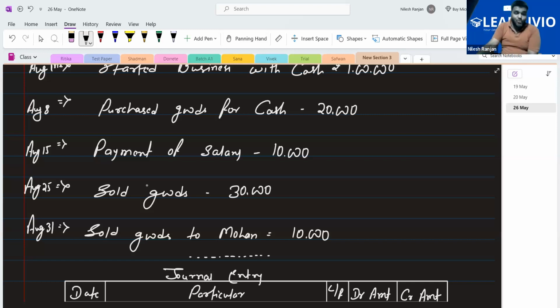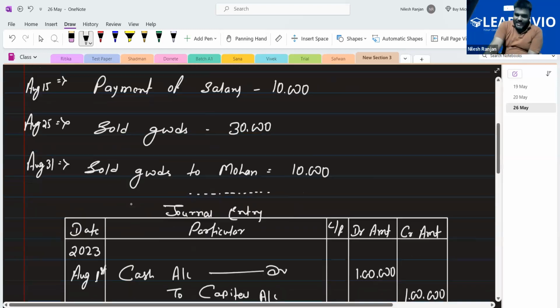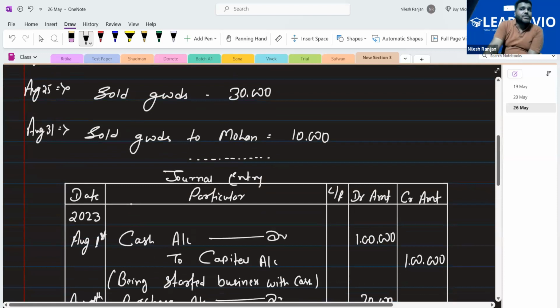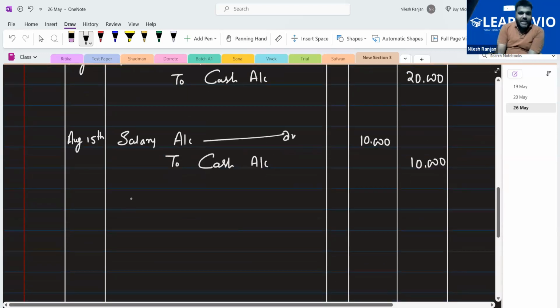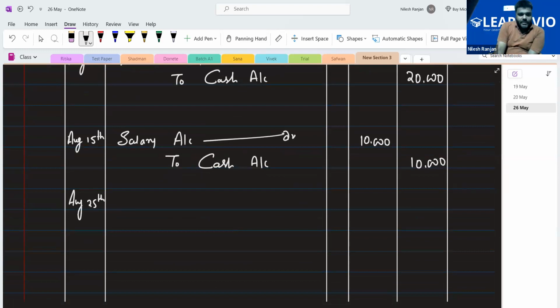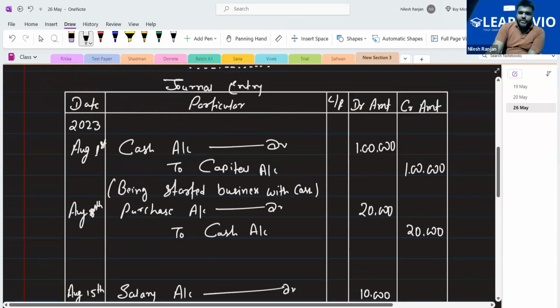Yes. So sold goods, one is cash, the second is sales. Sales is a nominal account, it is income, and income is credited, and cash we are receiving, so it will be debited. So cash account debit to sales. It is 30,000.